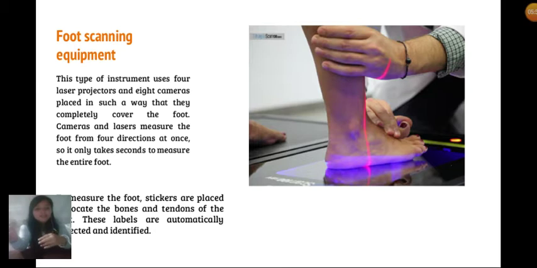Cameras and lasers measure the foot from 4 directions at once, so it only takes seconds to measure the entire foot. To measure the foot, stickers are placed to locate the bones and tendons of the foot. These labels are automatically detected and identified.